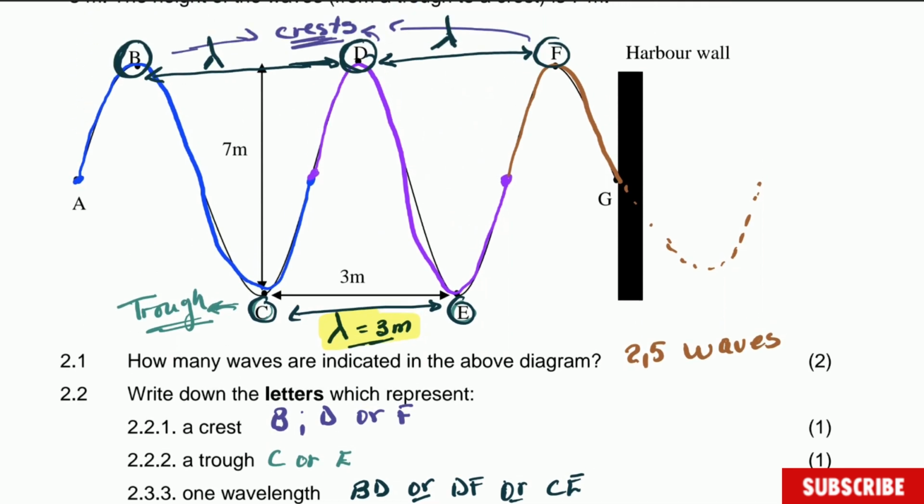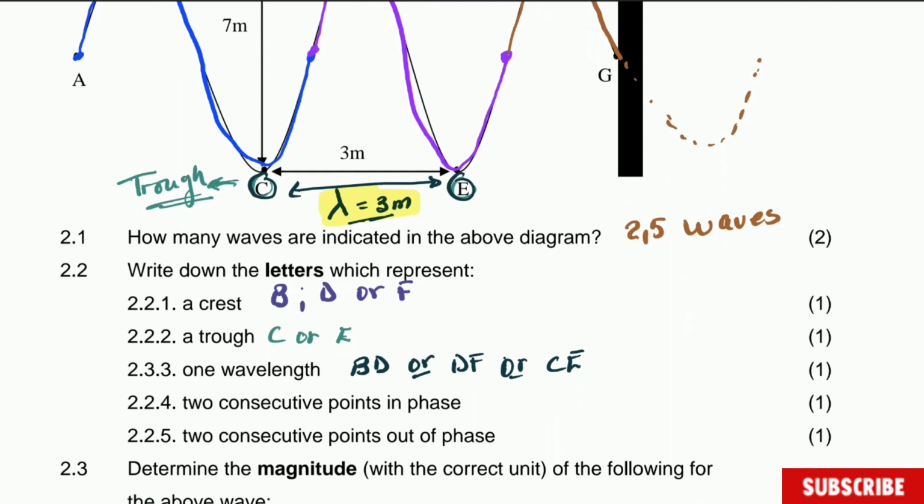Guys, this one is going to be very much the same as the wavelength, because remember, the wavelength is the distance between 2 consecutive points that are in phase. So 2 consecutive points in phase could either be B and D, or could be D and F, or could even be C and E. Those are points that are in phase.